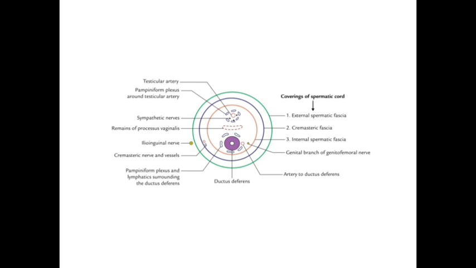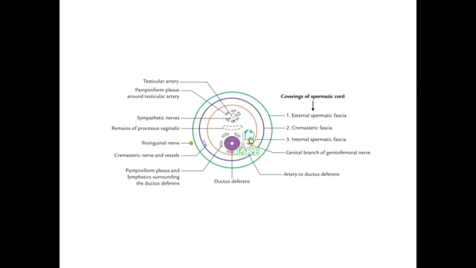Now looking at this diagram from outside, you can see the coverings of the spermatic cord: the external spermatic fascia, the cremasteric fascia, and the internal spermatic fascia. That's the covering. It has three coverings of the spermatic cord: external, cremasteric, and internal. So for this, we have the ductus deferens.